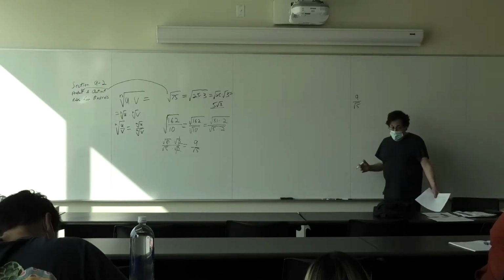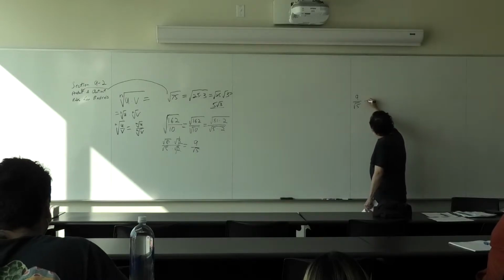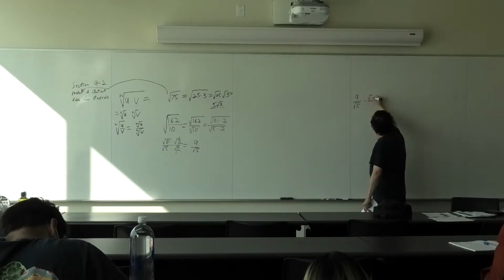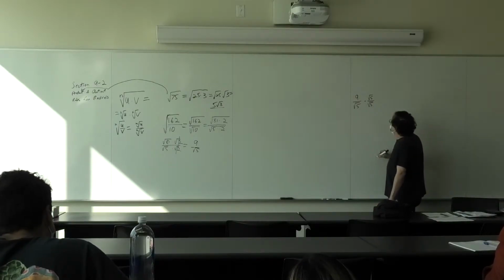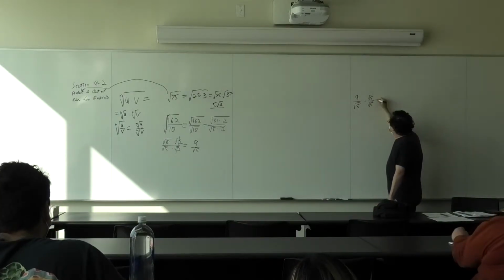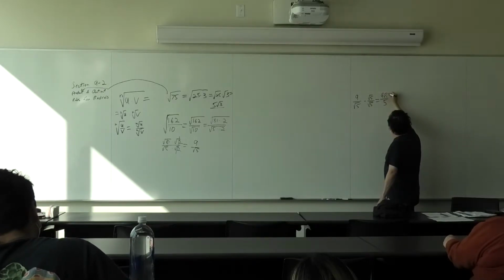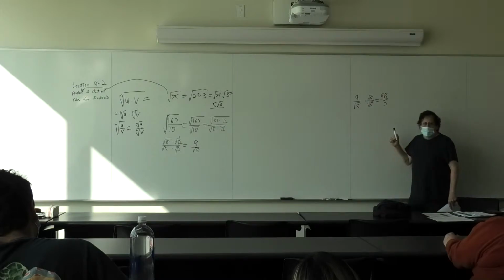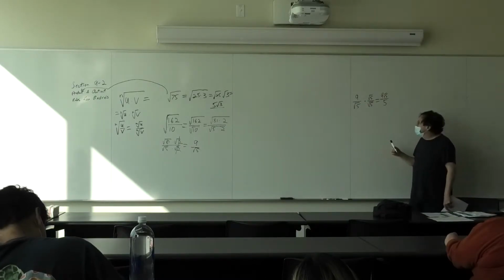But what that teacher would want you to do is multiply this by the square root of 5 over the square root of 5, so I get rid of the radical in the denominator. I get 9 times the square root of 5 over 5. This is called rationalizing the denominator. We're going to talk about this.